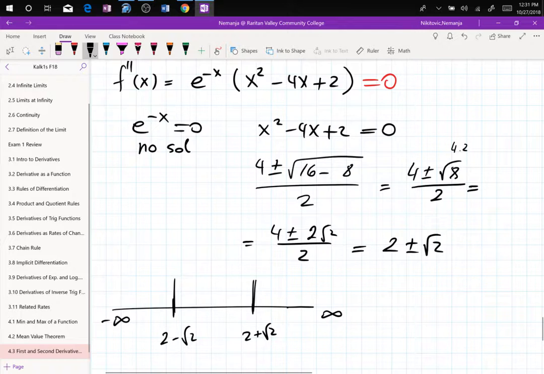So we can use 0 over here as a test point. We can use 2 in here because, as you can see, 2 minus root 2, 2 plus root 2, so 2 is right in the middle. And on the other side, we can use 4 because 2 plus 1.4 is about 3.4. So these are the values that we get to use for our second derivative test.